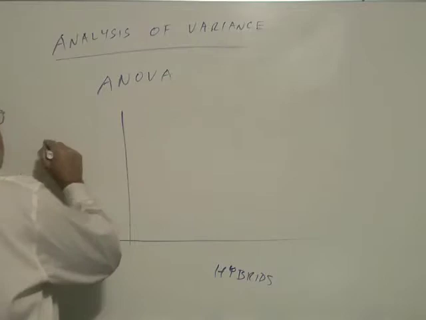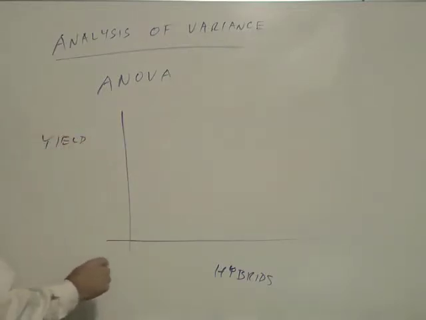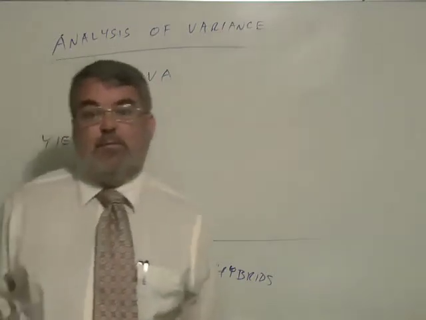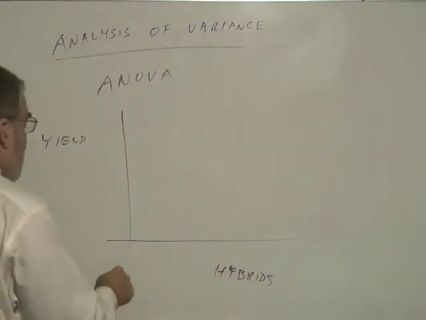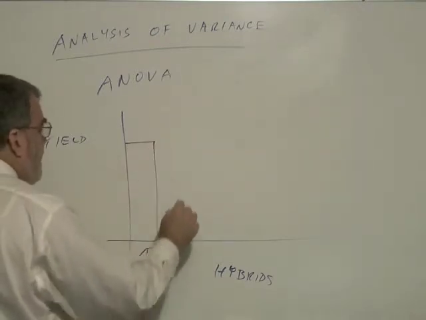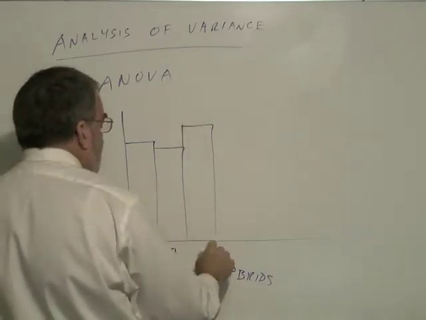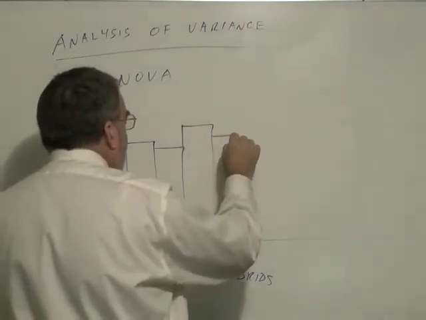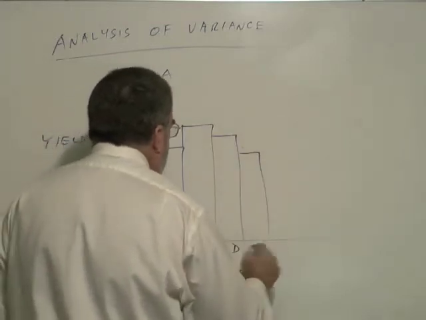Suppose this is the yield axis. Yield could be in bushels per acre of corn or whatever it is they're growing. And suppose we have hybrid A, hybrid B, hybrid C, hybrid D, and so on. I'll list 5 of them here.